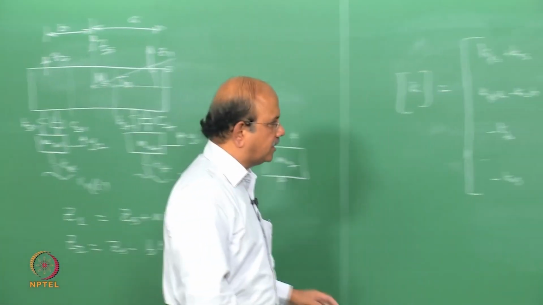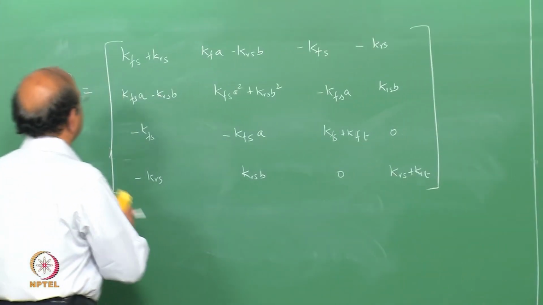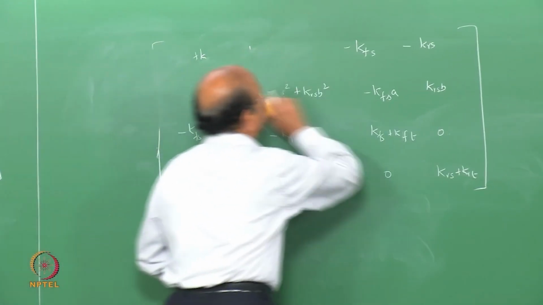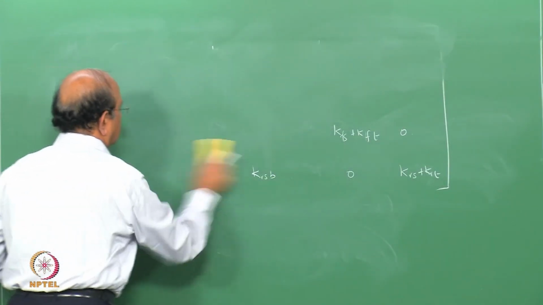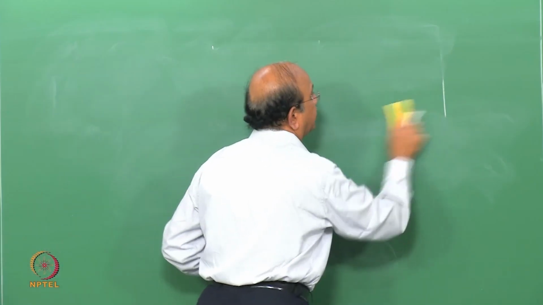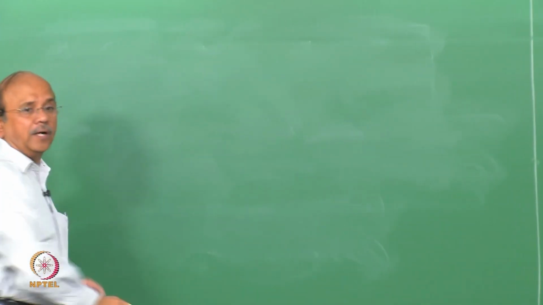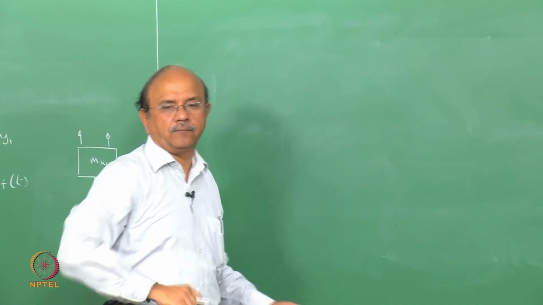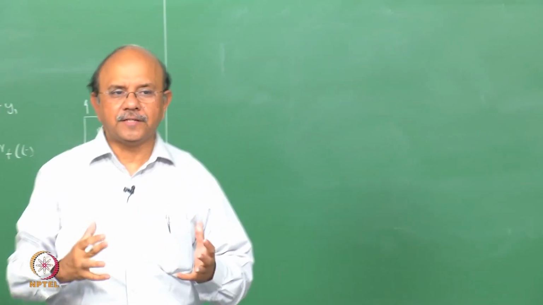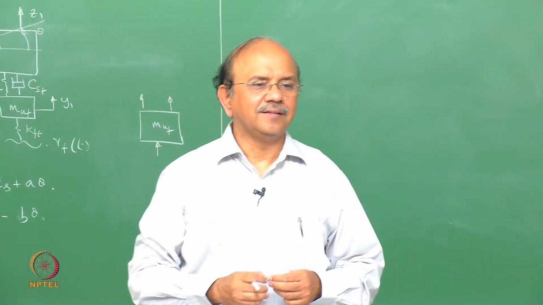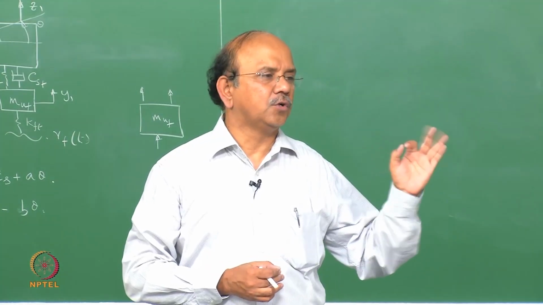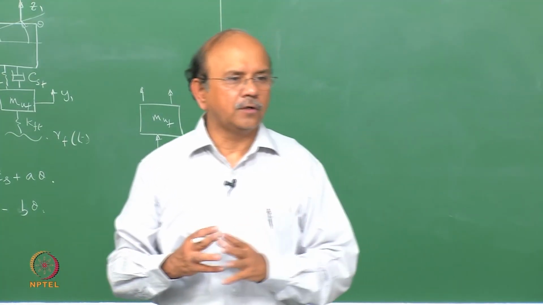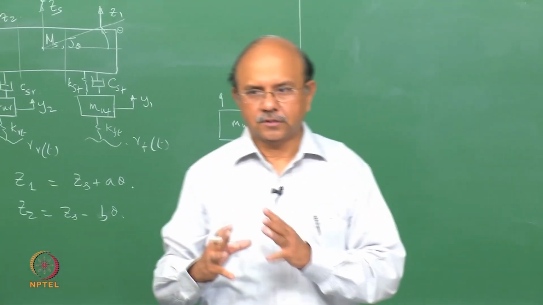So this is what most of the companies do as a first cut. Why do they do it? If I want to look at suspension tuning, if I want to look at optimized suspension, then it becomes very simple to understand this. And so we use this for optimization of the suspension system.